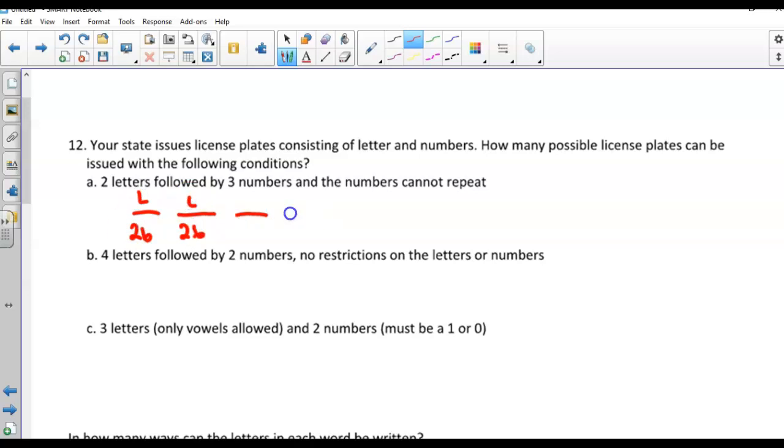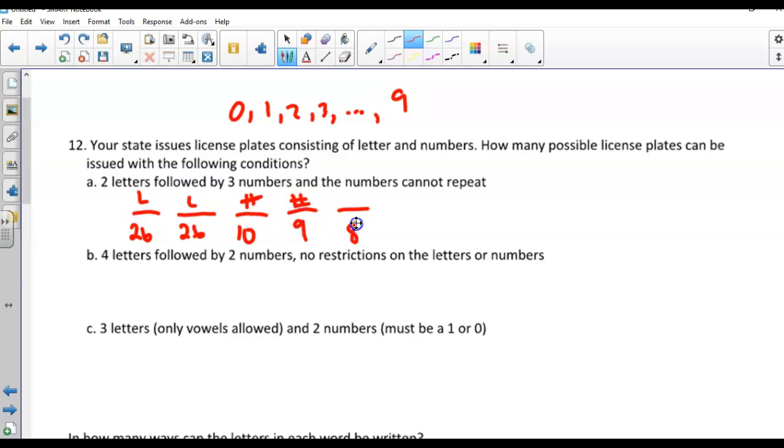Now the next 3 have to be numbers. But think about it, there's only 10 single-digit numbers: 0, 1, 2, 3, through 9, that's 10 numbers. Count them out if you need to. So there's 10 possible options for this number, but there's only 9 for this one, because whatever number you put here, you cannot repeat it.